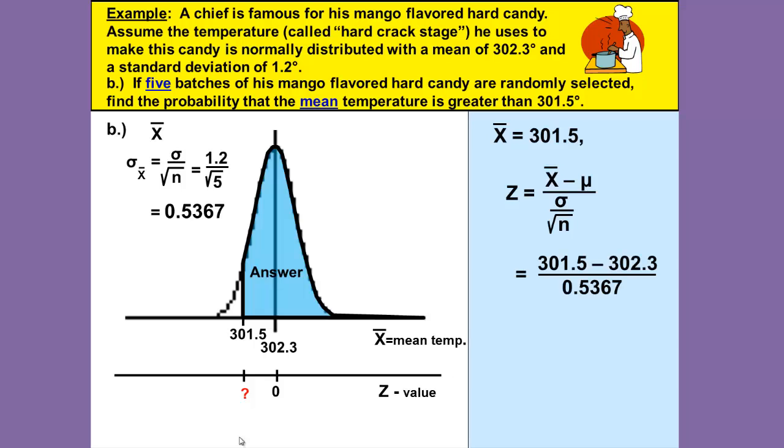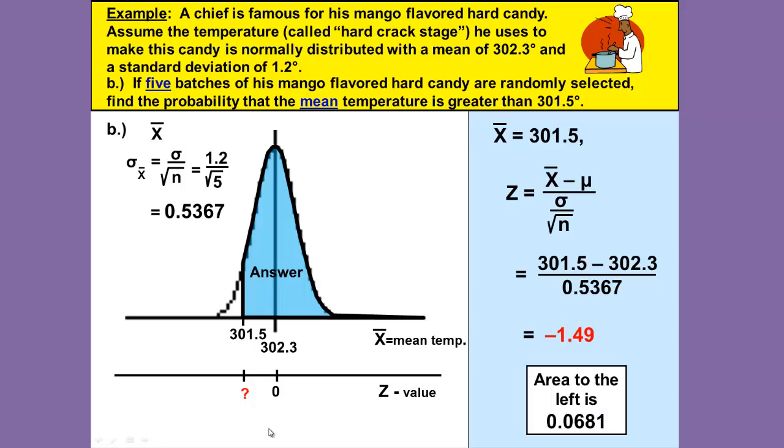It's still really the value we're talking about minus the mean over our adjusted standard deviation. So it's still really the same values. We've just adjusted the standard deviation. So we have 301.5 minus 302.3, the mean, divided by the standard deviation of 0.5367. That gives us negative 1.49.